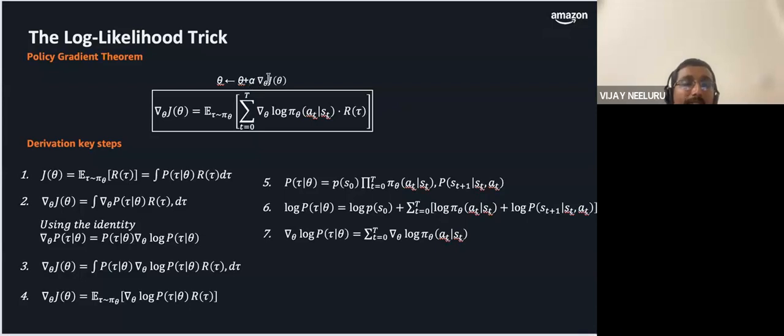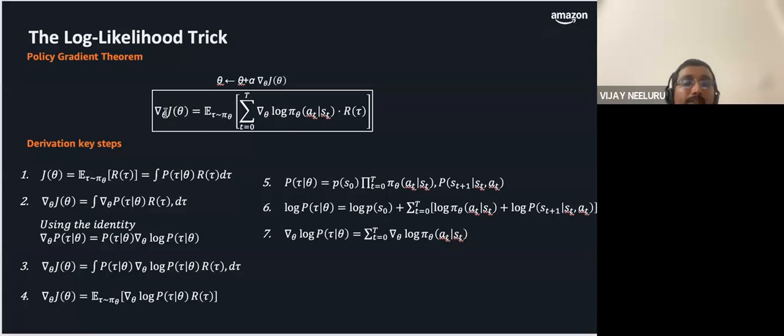Taking the derivative of the expected return usually requires differentiating through the unknown environment transition dynamics. That's where the policy gradient theorem comes in, which proves mathematically that the gradient of the objective function, the gradient of J of theta with respect to the policy parameters, is proportional to the discounted cumulative return multiplied by the gradient of the log policy.